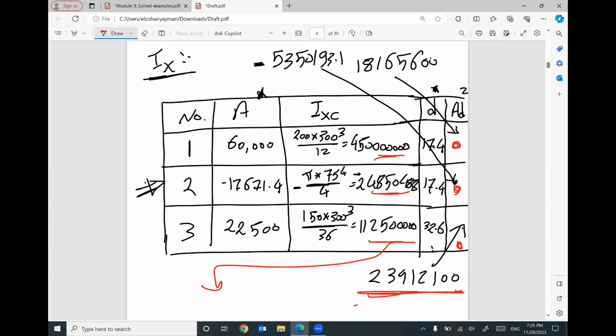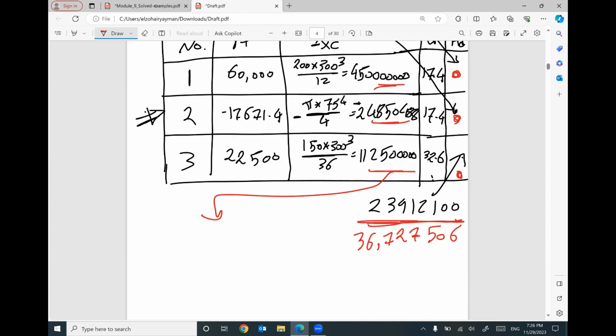This value will be 36,727,506. And the summation of the other column will be 45,123,700 minus 24,850,488 plus 1,125,000.